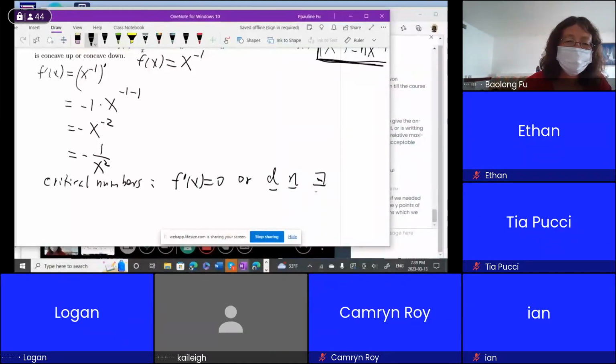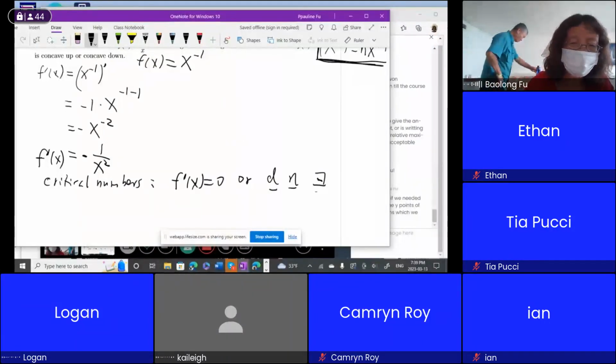Look at our first derivative: f'(x) equals -1 over x squared. Do you think this equals 0? No, this is never equal to 0, so we cannot find f' equal to 0.